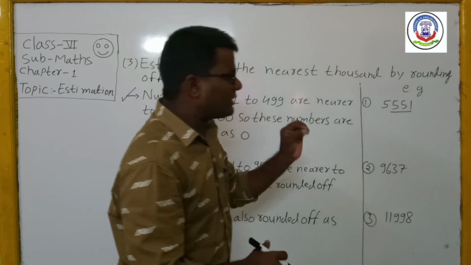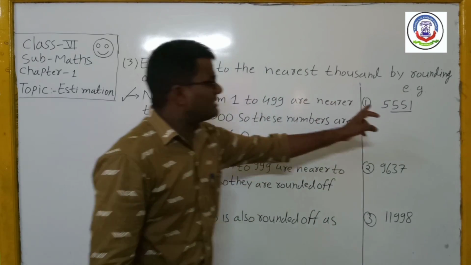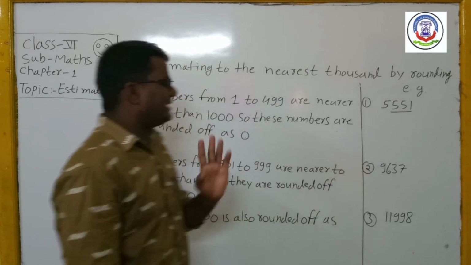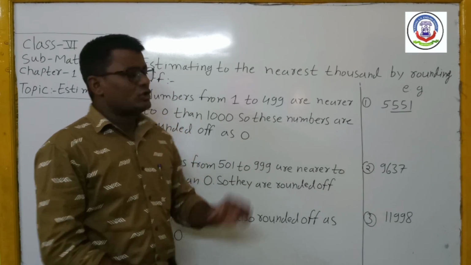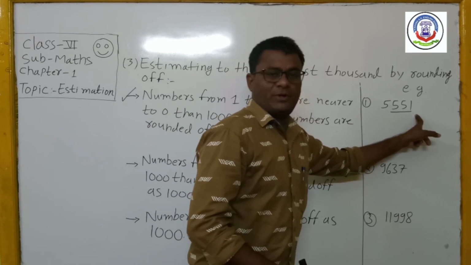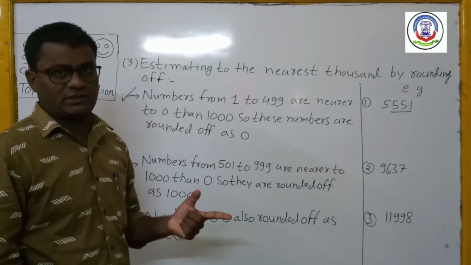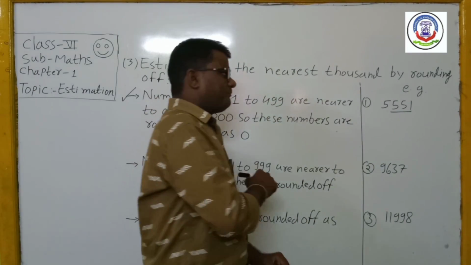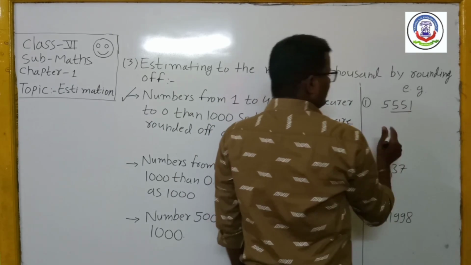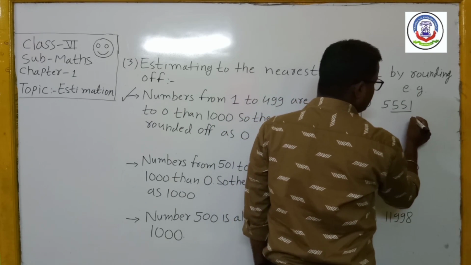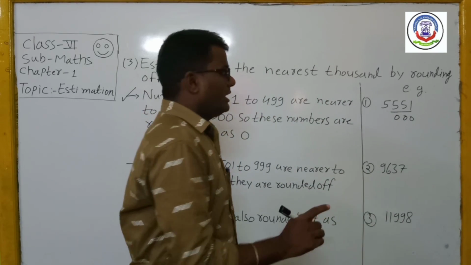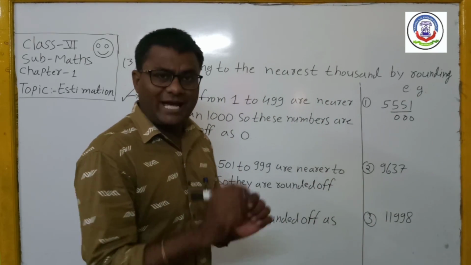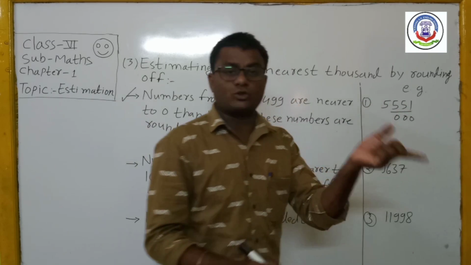551. Now you can clearly see that this number 551 lies between 501 to 999. So this number is nearer to 1000. Okay sir, so I will write this number as 000, but we clearly got that this number is nearer to 1000.